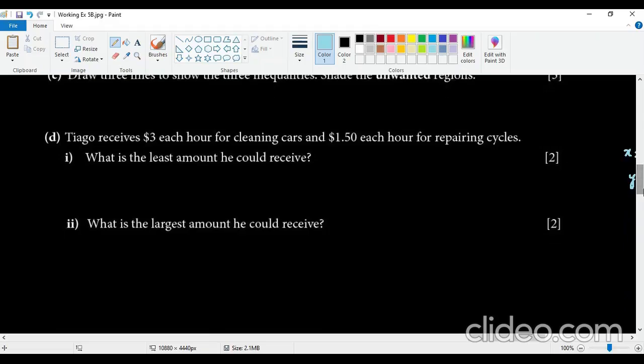Tiago receives $3 each for car cleaning and $1.5 for repairing cycles. The least amount, as I have already seen, is at (4, 4). That means $3 times 4 plus 1.5 times 4. This gives us 12 and 6, so at least he can earn $18 for working.